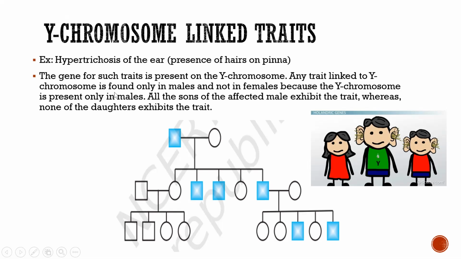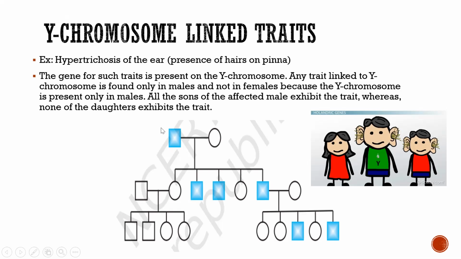Any trait linked to the Y chromosome is found only in males and not in females, because the Y chromosome is present only in the males. So all sons will be affected, whereas none of the daughters will have this character. So it is going to pass from father to son only. No daughters will be affected here.